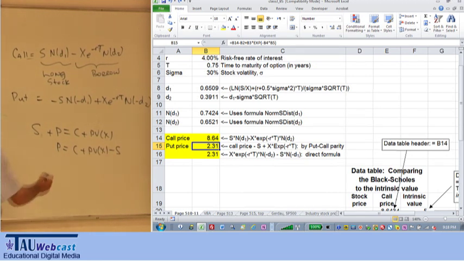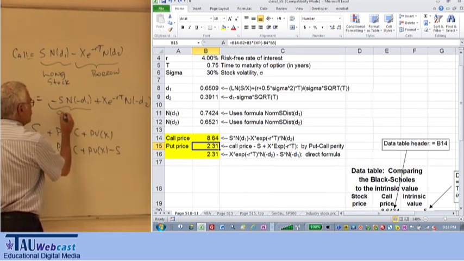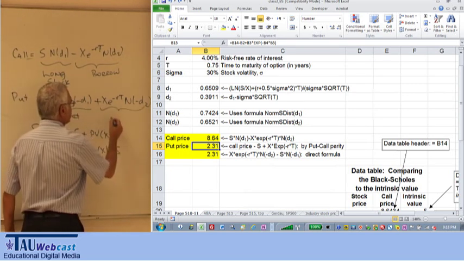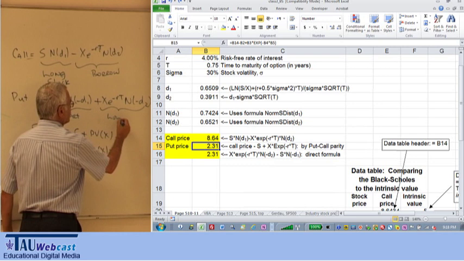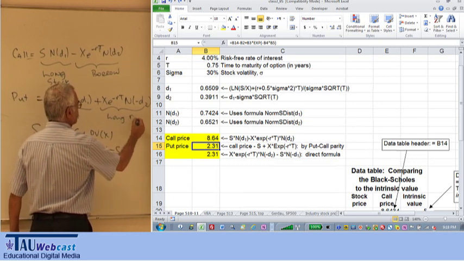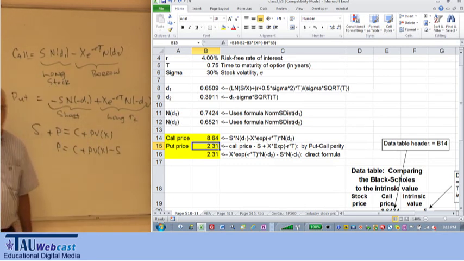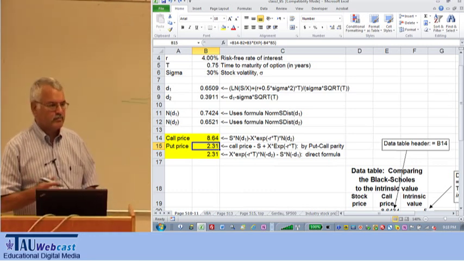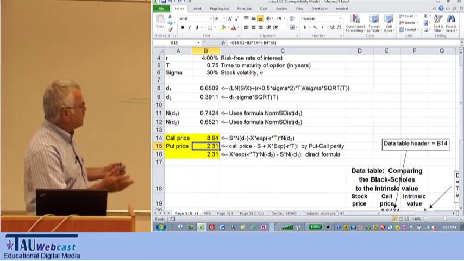And a put is a short position in the stock and a long position in the risk-free rate. All of these things are completely correct.